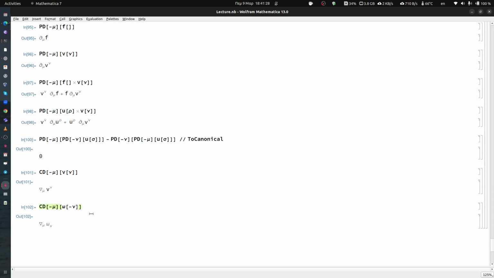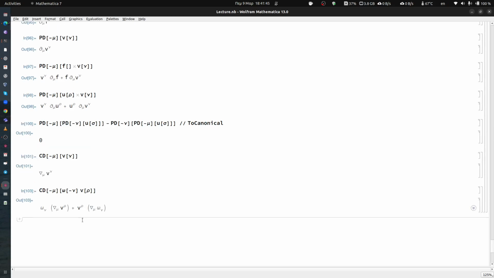And you can apply this on tensor products like V rho. And you see that the Leibniz rule is applied on the products. And this can be any tensor, like for example, a scalar f.